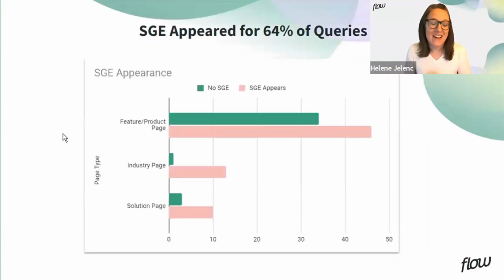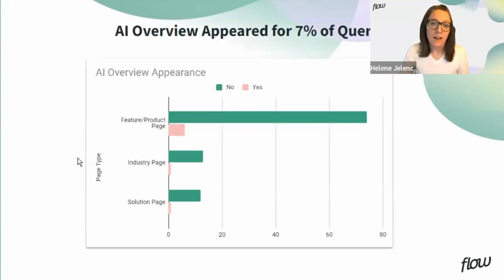Also, just to highlight the time-based relevance of your data, this is something that we've been looking at for, gosh, a really long time, probably since SGE, which was originally Search Generative Experience, is what Google AI Overview was previously called. We did some research with bottom of funnel keywords, and we saw that SGE was appearing 64% of the time for bottom of funnel keywords. I was having a small heart attack.